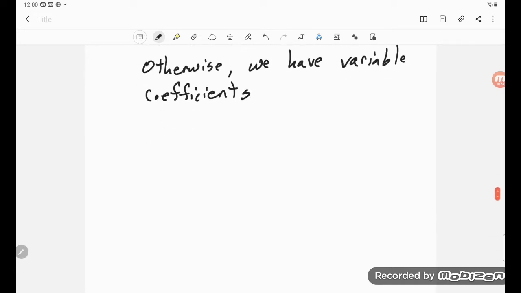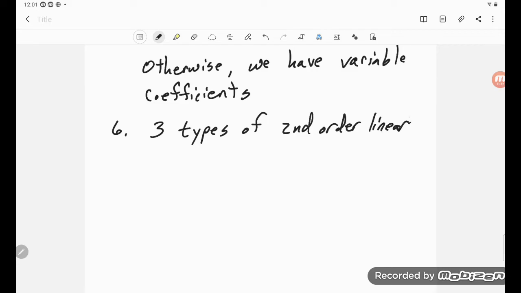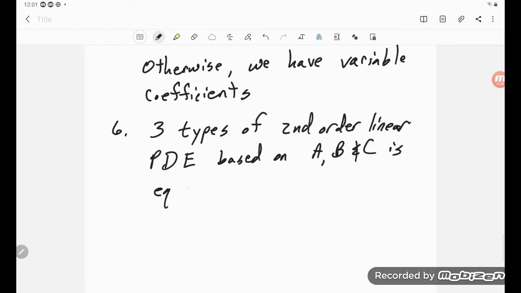And then finally, 6, we have 3 types of second order linear PDE, based on A, B, and C in equation 1.1.